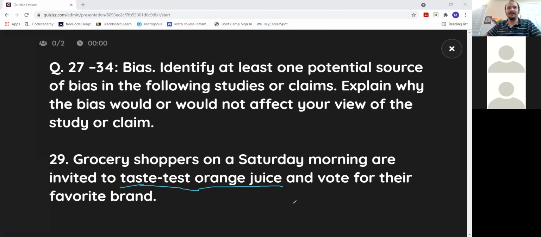You're only going to get really weird people that have nothing better to do, basically. So you have that participation bias. They have to freely want to participate in your survey. What's another bias?